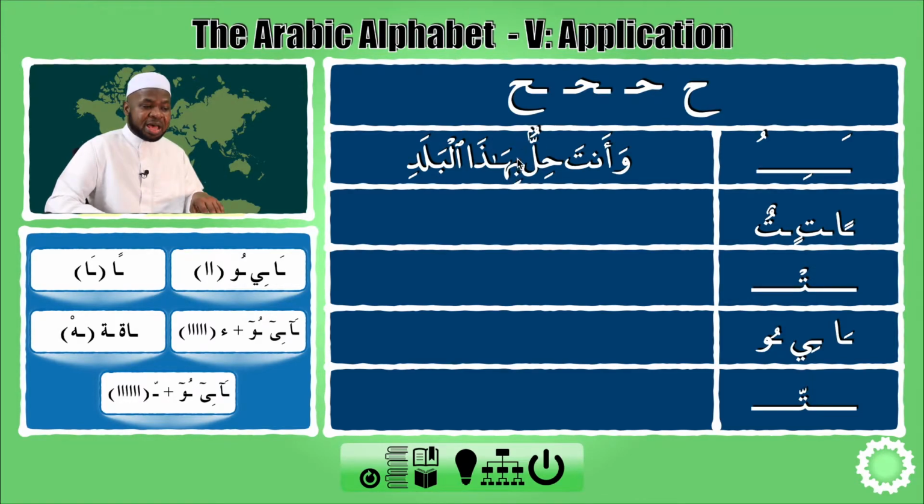There must be ba after it. So when you see that, you have to turn that silent noon into meem. Even in the double sound, there is also a silent noon. We explained that in the extended sounds as well as in the sounds and statuses. So what we do here is to turn the silent noon into meem. So we say wa anta hillum bihadhal balad.